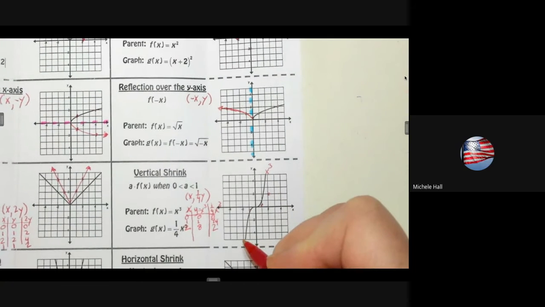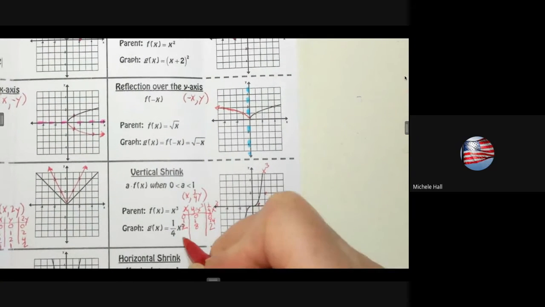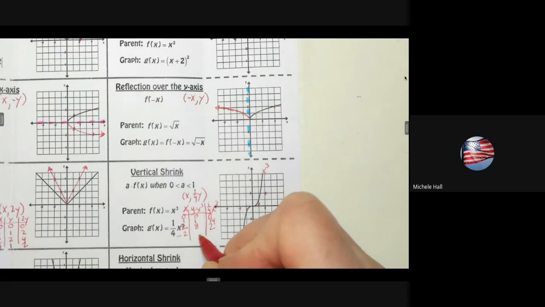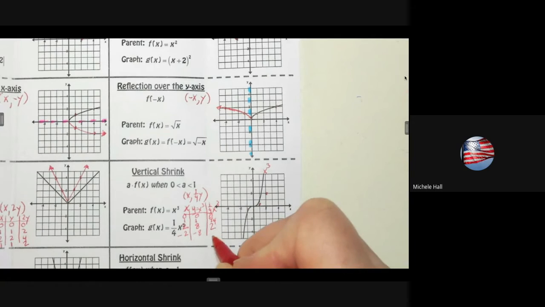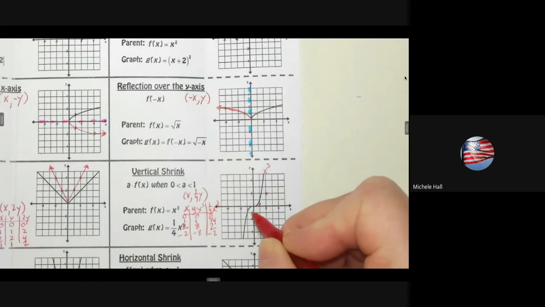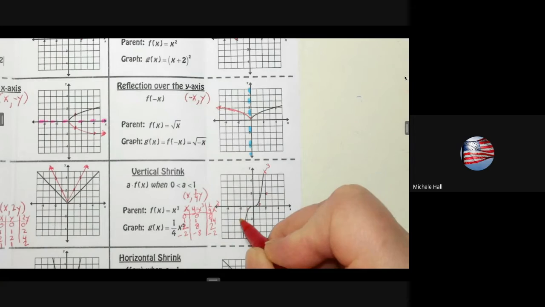And that would be true for -2 as well. For -2, we get -8. And then when I take a quarter of that, I get -2.